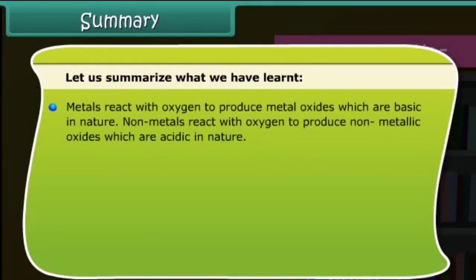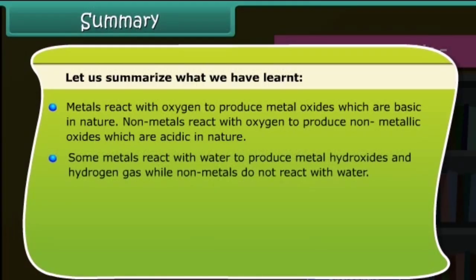Metals react with oxygen to produce metal oxides which are basic in nature. Non-metals react with oxygen to produce non-metallic oxides which are acidic in nature. Some metals react with water to produce metal hydroxides and hydrogen gas, while non-metals do not react with water.